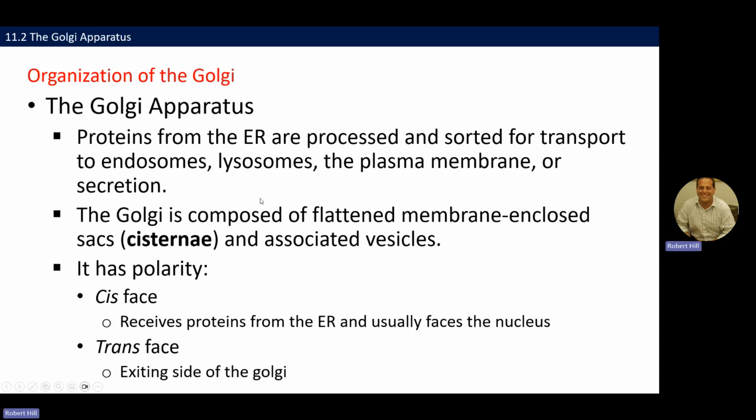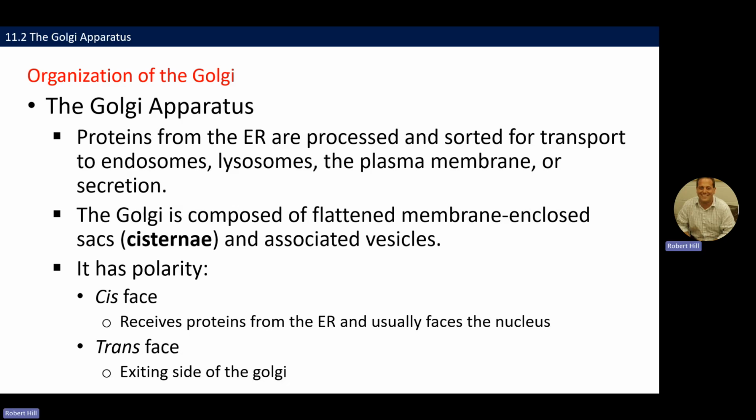Okay, so the Golgi apparatus has a funny name, and it is like the distribution center for the cell, because ultimately particles are going to come out of the trans network of the Golgi and get shuttled to the correct location, whether it's the plasma membrane or a lysosome or whatever.